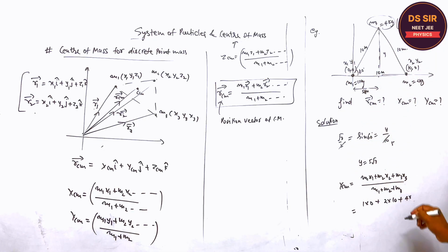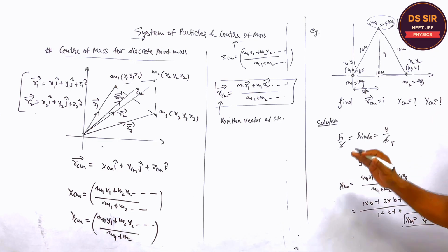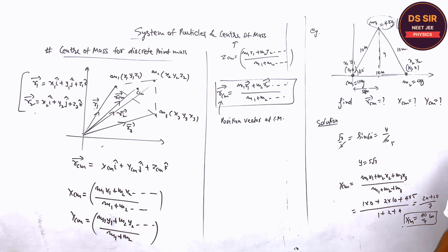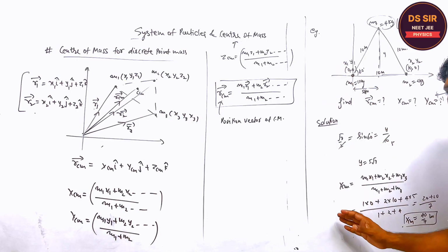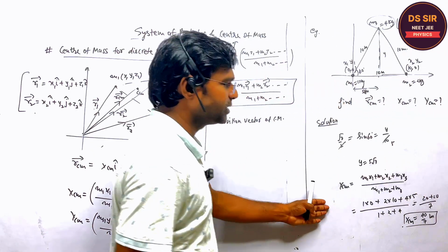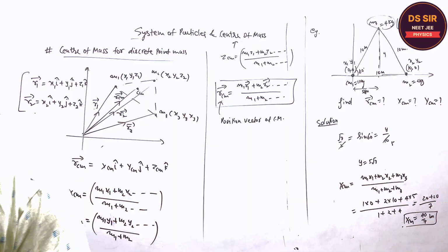The x3 is 5, divided by 1 plus 2 plus 4. Is it clear? So (20 + 20) divided by 7. It is 40 upon 7 meter, the XCM. So this is the XCM. In the same way, you can find the YCM, right? Do you have any doubt in solving this? Please tell. No, right? Very good.